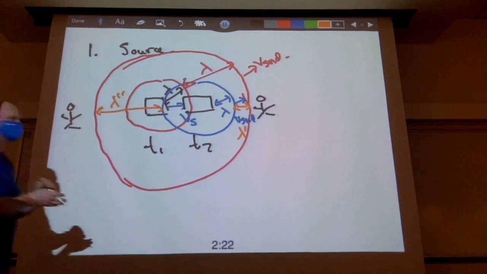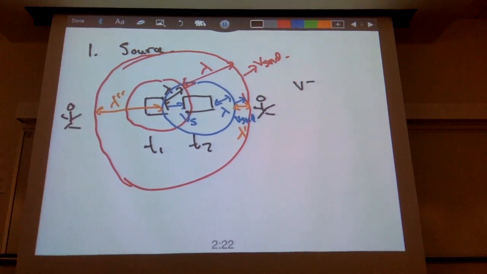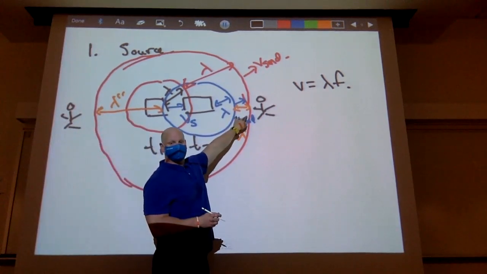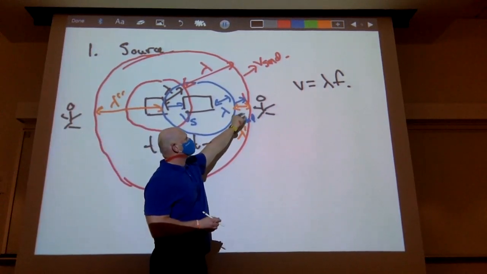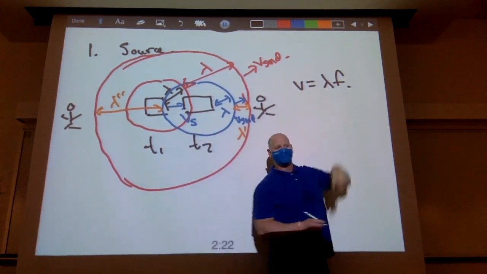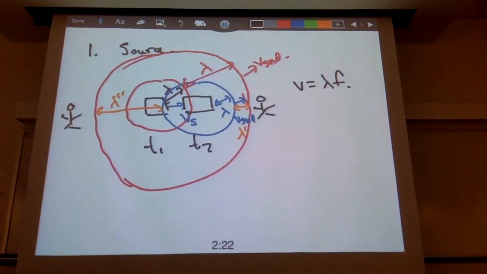So as the source is moving towards him, remember that velocity is equal to the wavelength times the frequency. Since he's encountering the wave pulses much sooner, he's going to think that the wavelength is much shorter, which forces the frequency to increase. So he's going to hear a much higher frequency because of this apparent wavelength, which is much smaller than it actually should be.